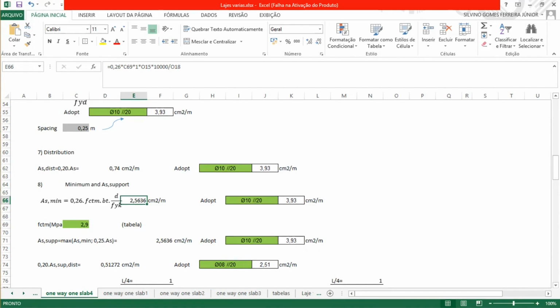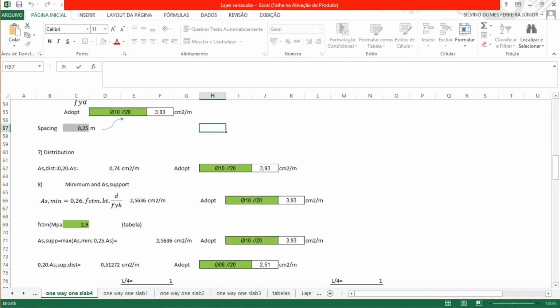And to get this for minimum steel reinforcement, if you put here 8, it's too small, not enough. I want to use the same spacing as in the main. For this case it could be another one, but I want to maintain the same spacing, and 2.51 will not be enough for the minimum reinforcement, so I maintain the 10 at 20, 3.93.